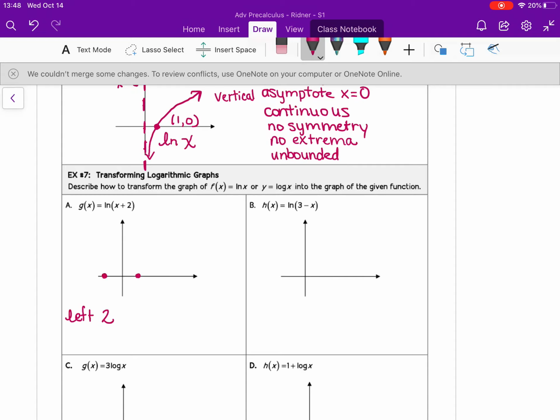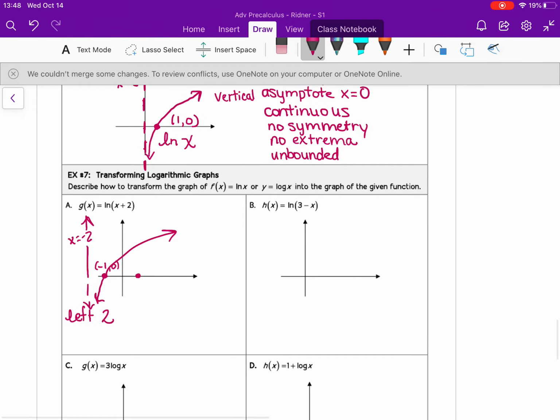So instead of crossing at 1, 0, it's now going to cross at negative 1, 0. Instead of that vertical asymptote being at x equals 0, it's now going to be at x equals negative 2. And so it's going to look like this. Same graph, moved left 2.